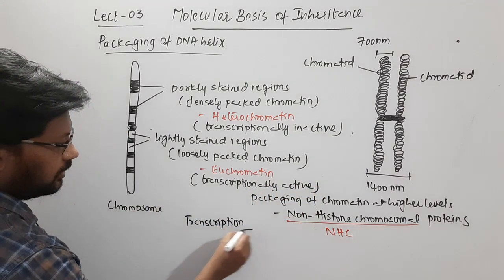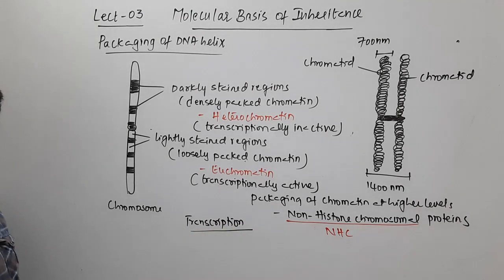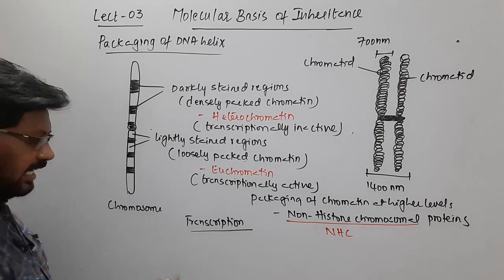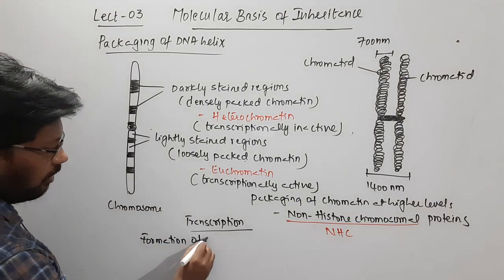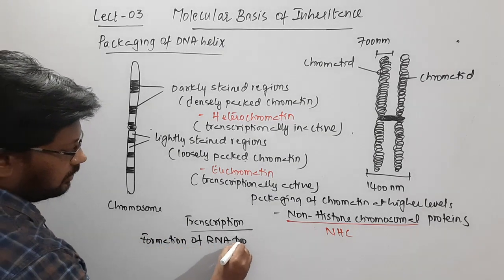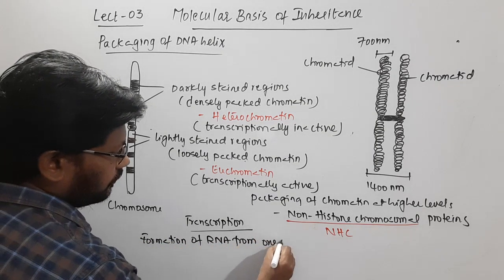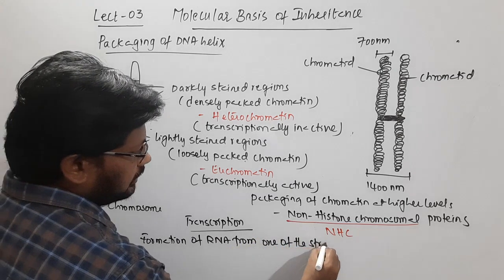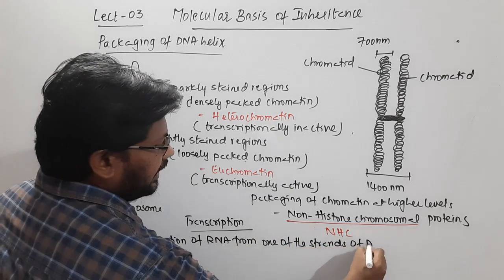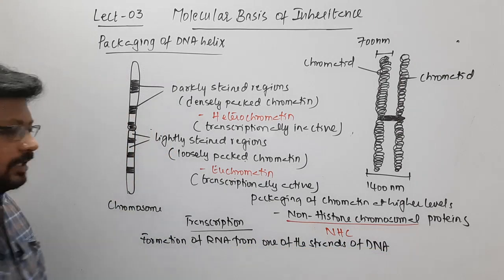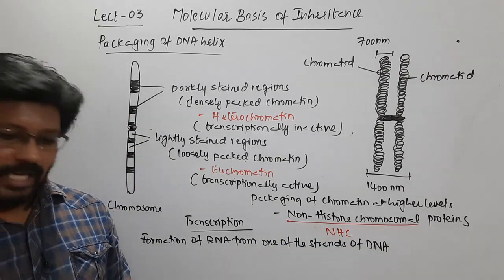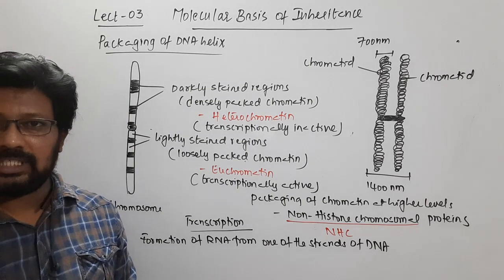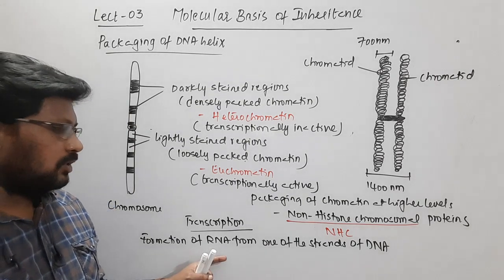So what do we actually mean by transcription? Transcription is a process of formation of RNA from one of the strands of DNA. How it takes place and what all the mechanisms are, we have a detailed topic about this in the coming sessions about transcription.